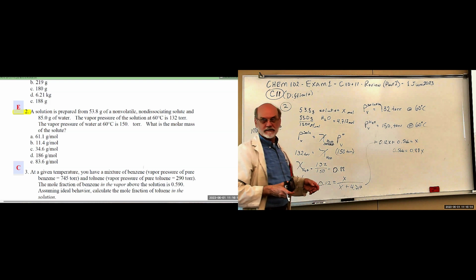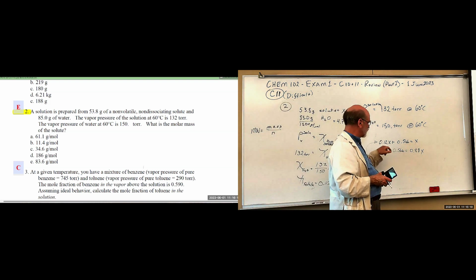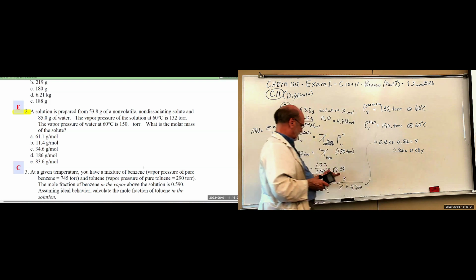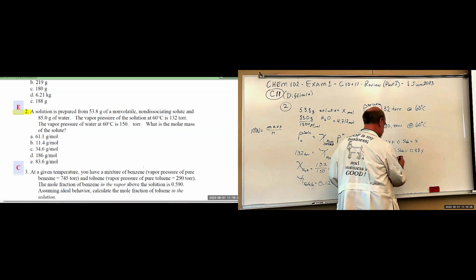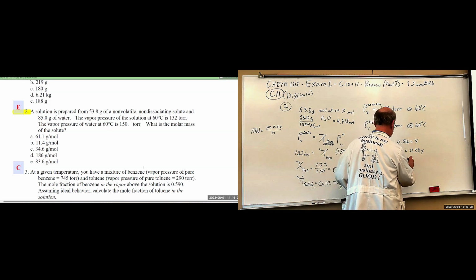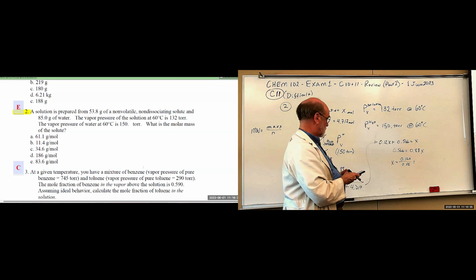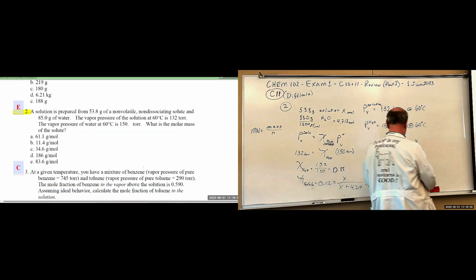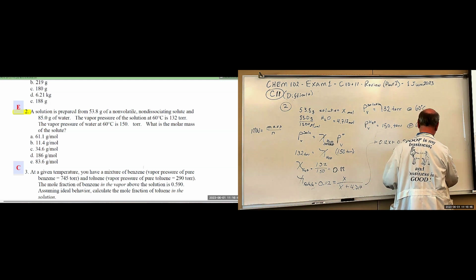Don't lose anybody there. Right, 1x minus 0.12x is actually that value. So now x is equal to 0.566 divided by 0.88, and that's 0.643 moles.